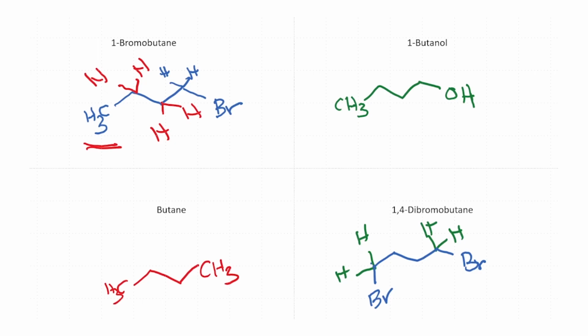I'm going to highlight this hydrogen over here, and if I replace this hydrogen by chlorine, then I get 2-chloro-4-bromobutane. If I number it from the other side, it becomes 1-bromo-2-chlorobutane.